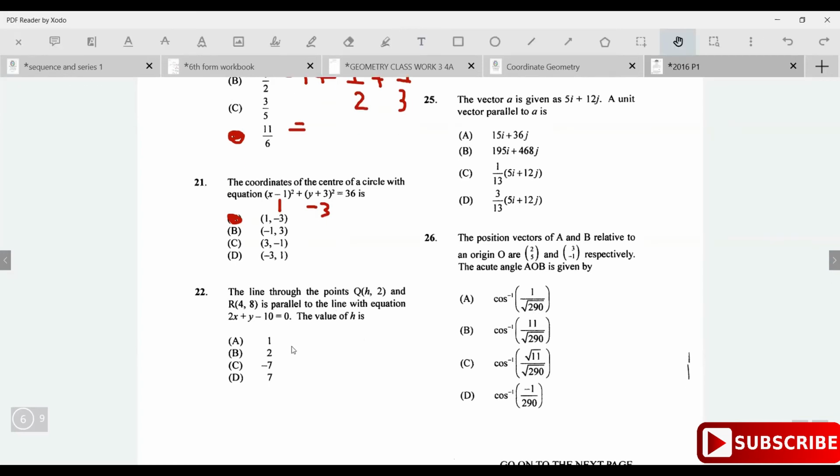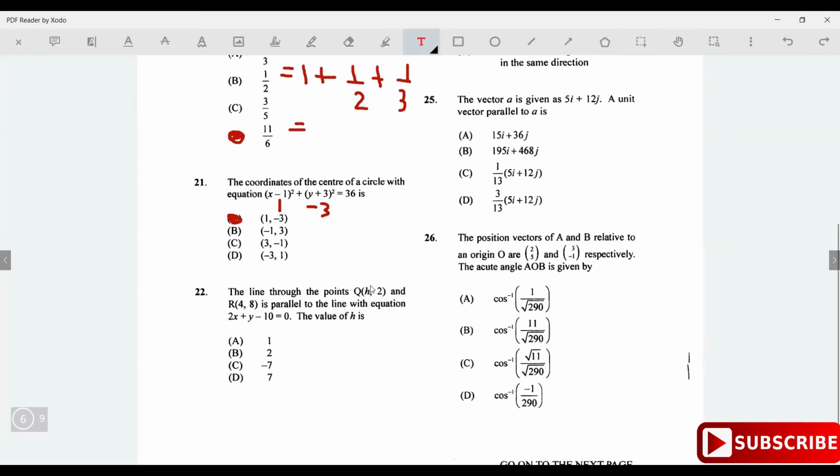So make y the subject right here, and we're going to get y is equal to, bring over that to get minus 2x plus 10. Minus 2x plus 10. And so that means the gradient is negative 2.